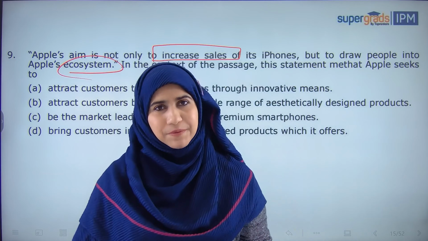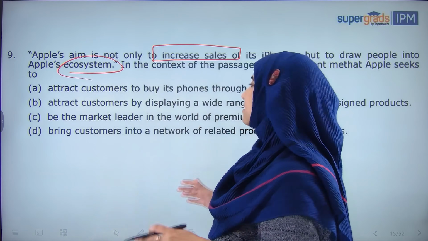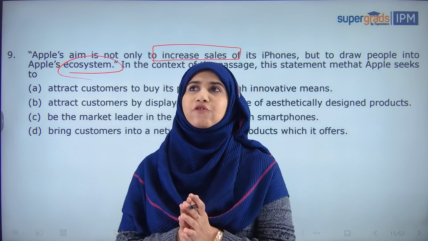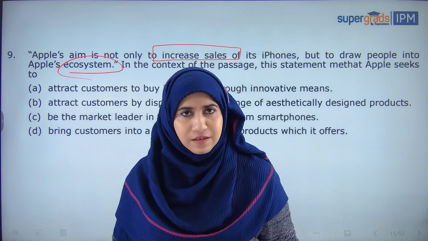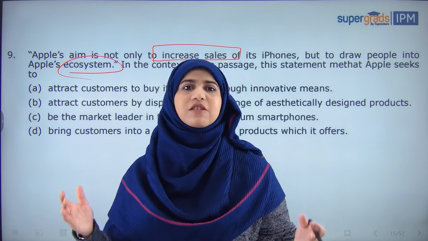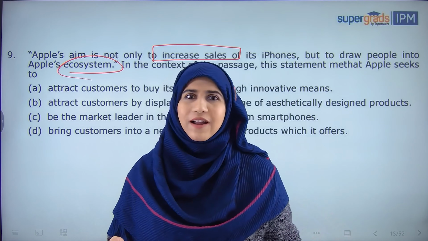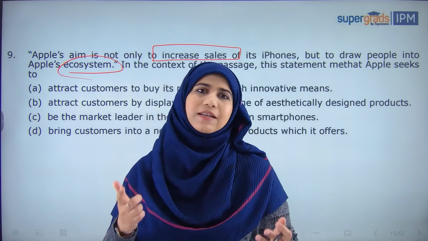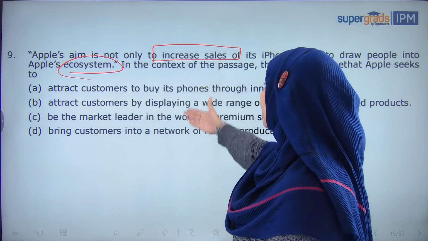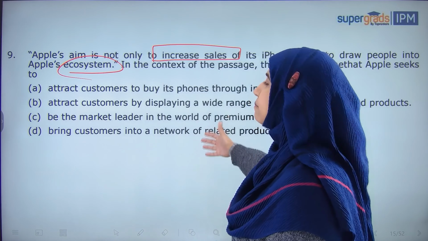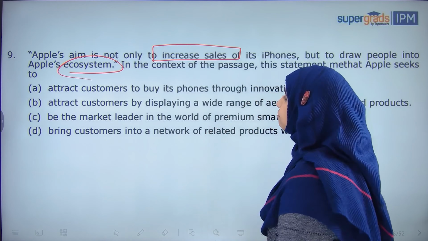What could be the purpose? The purpose, as I've already explained, would be that customers would reach an ecosystem where there are multiple Apple products and services. That's the objective of Apple, right? So I think we can evaluate the options one by one and see which one best captures this idea.